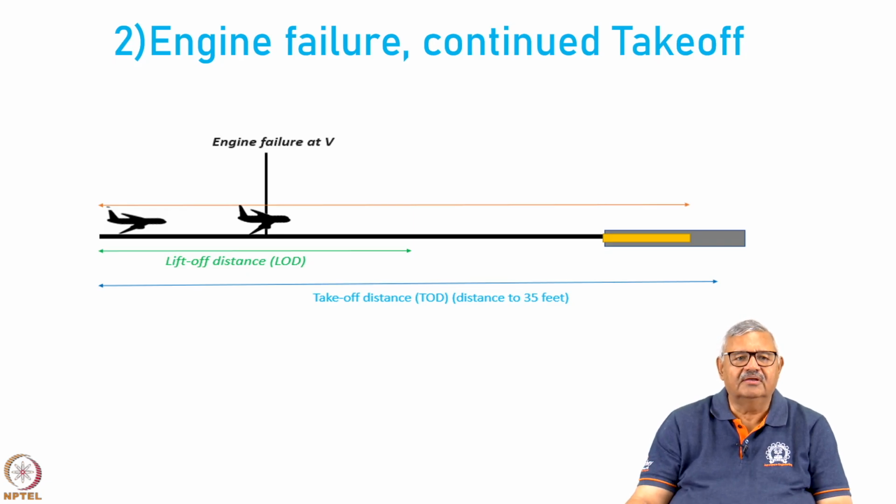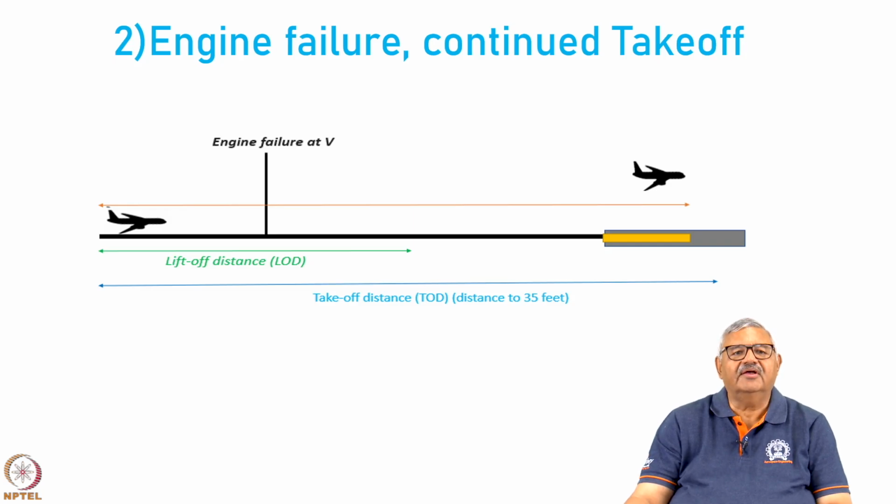One choice is the pilot can continue the takeoff. Obviously the lift-off distance achieved here will be more than in the normal takeoff case. So, it will travel to this point and achieve lift-off, and after that it will start climbing, and also the distance required to clear obstacle height will be slightly larger. So, this is called an engine failure case with the decision to continue takeoff.